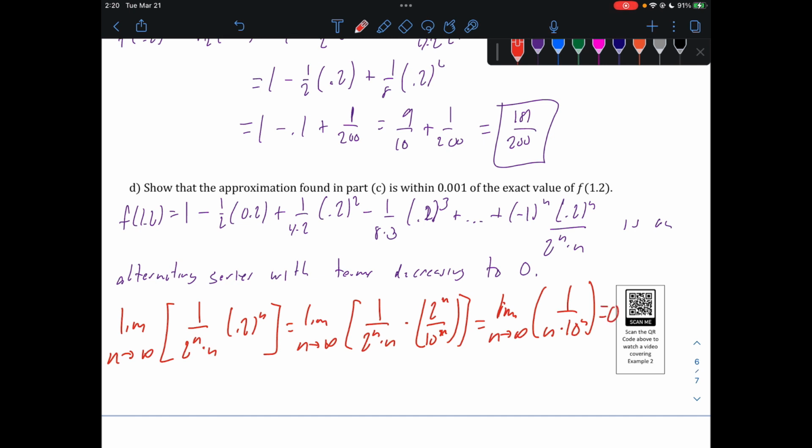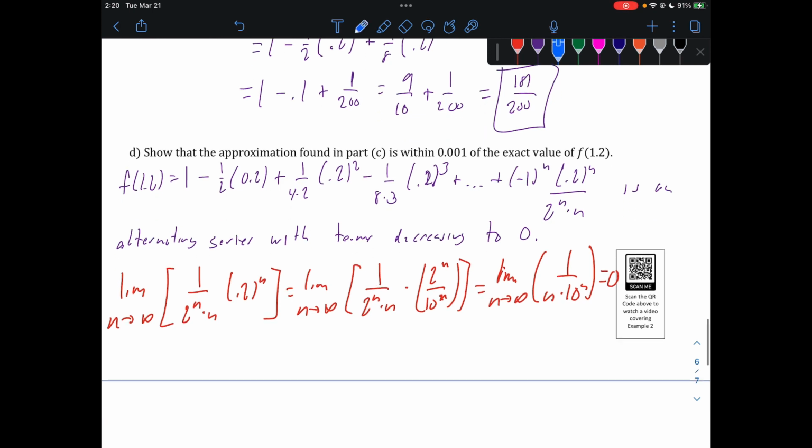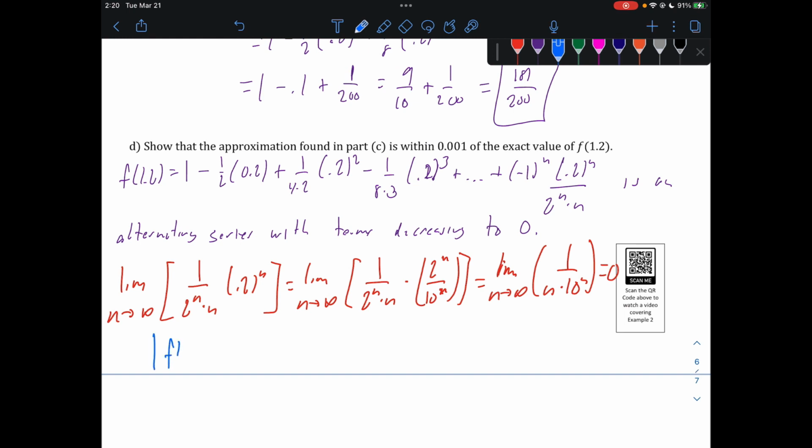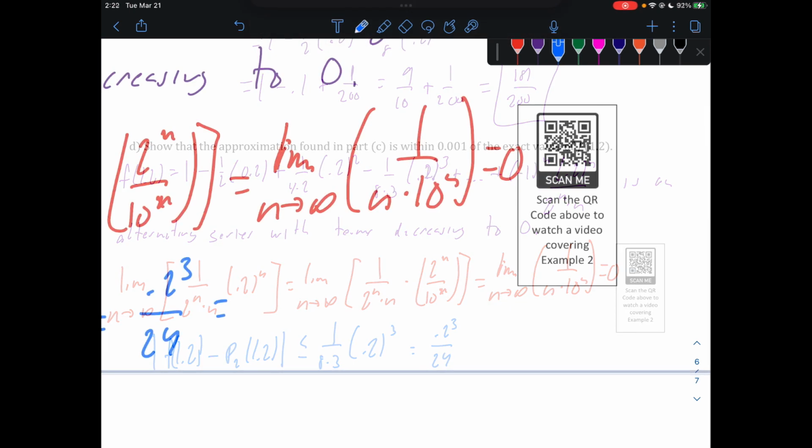So now I can apply the alternating series error bound, right? So the absolute value of f of 1.2 minus p2 of 1.2 has to be less than or equal to 1/8 times 3 times 0.2 to the third, which is 0.2 to the third over 24.